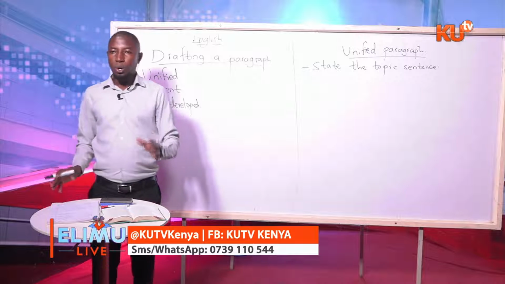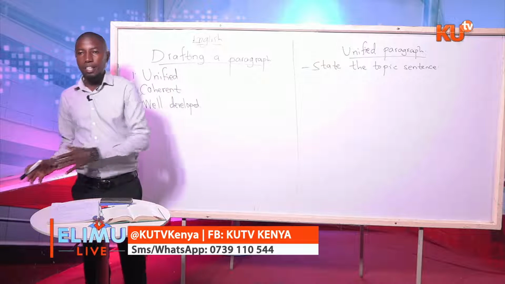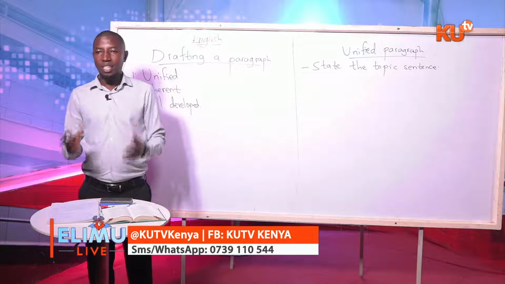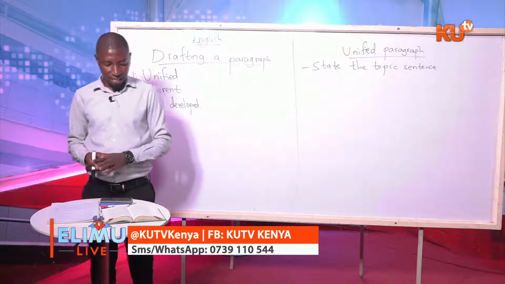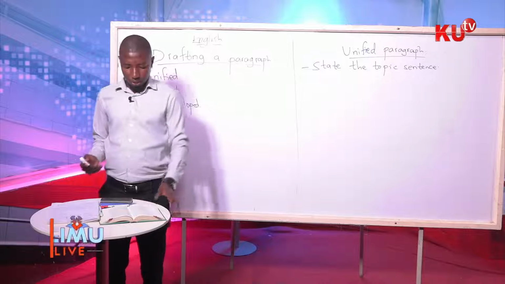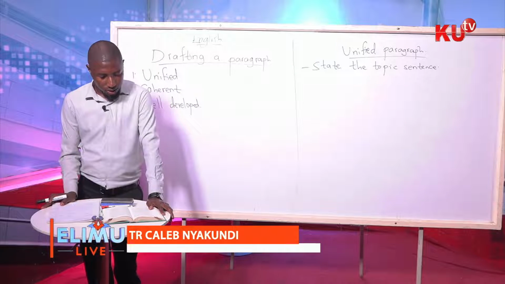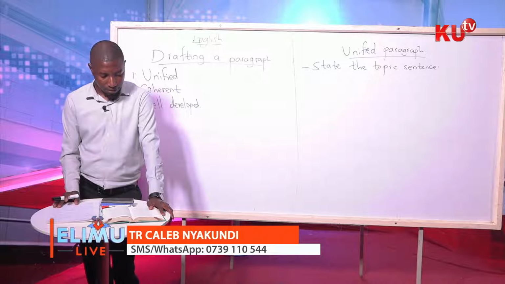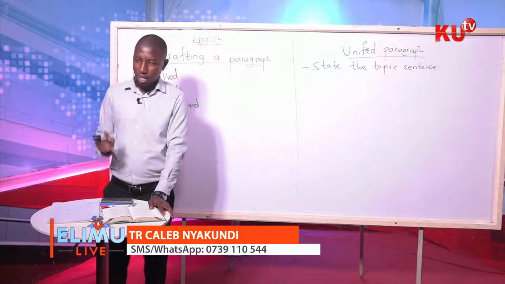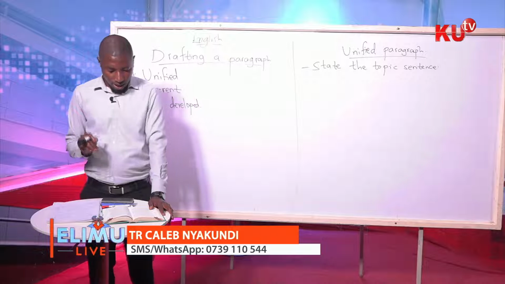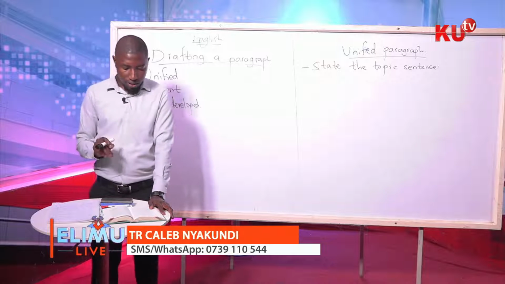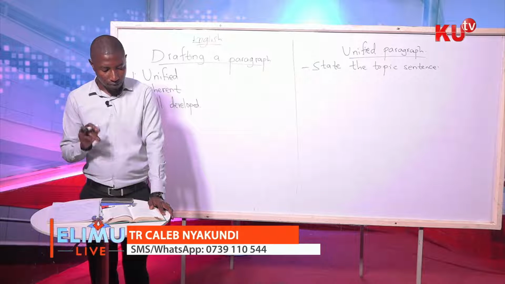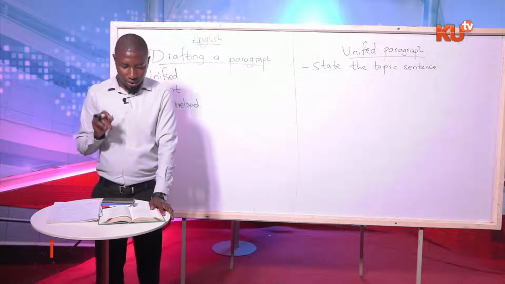Immediately I say that sentence, you realize that I'm talking about 2 species of flying squirrels in North America. So all the other sentences I'm going to write in that paragraph are going to relate to that main idea.